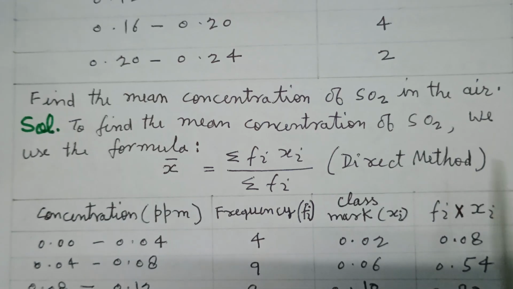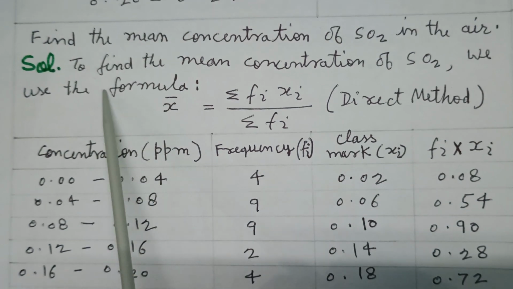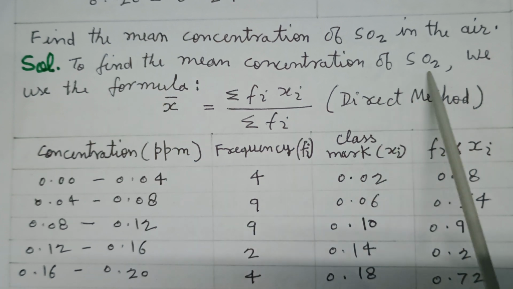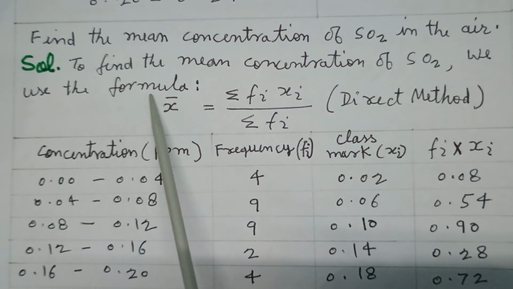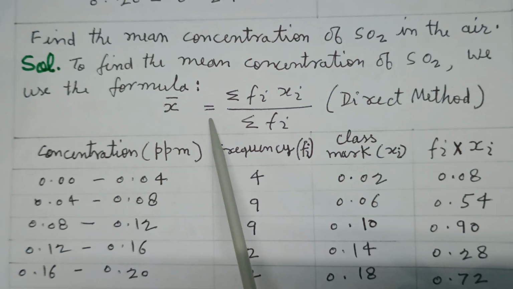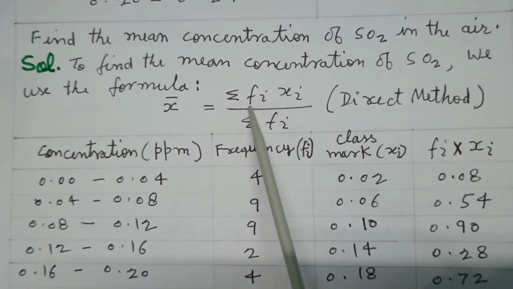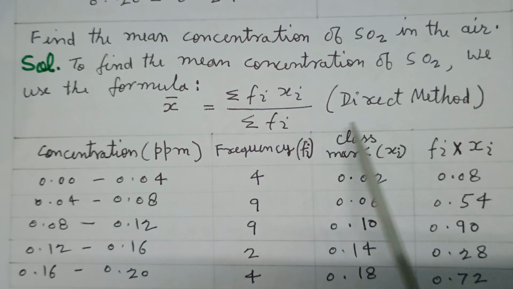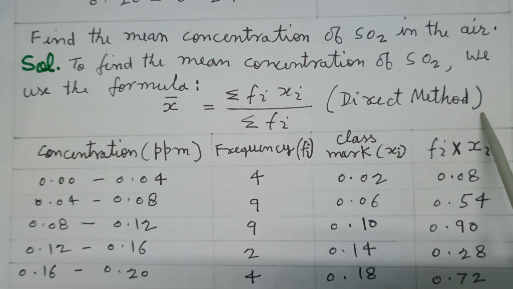Solution: to find the mean concentration of SO2, we use the formula x bar, or x mean, is equal to sigma fi xi upon sigma fi. This is known as the direct method.